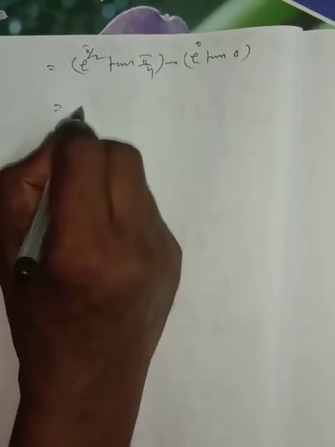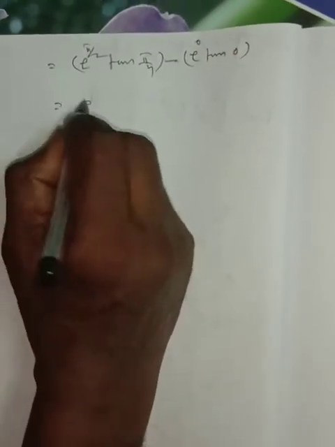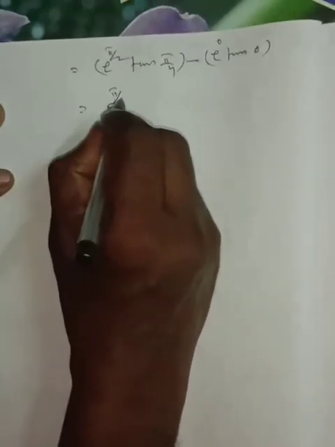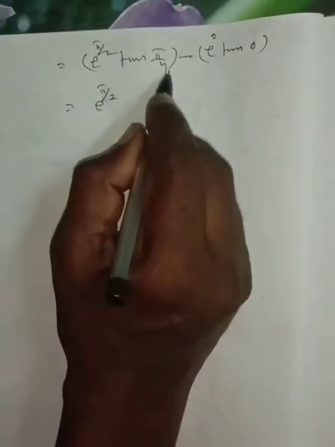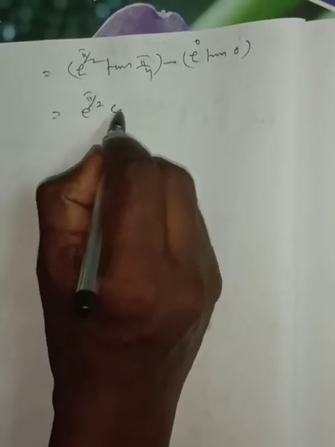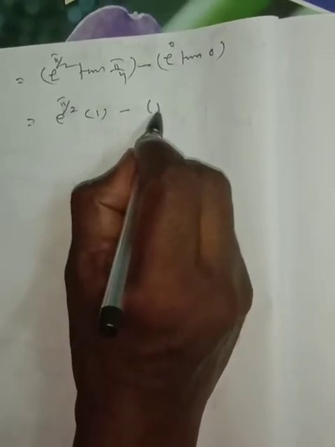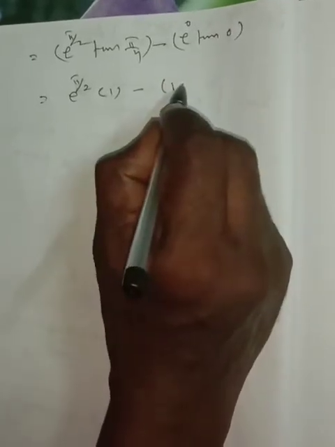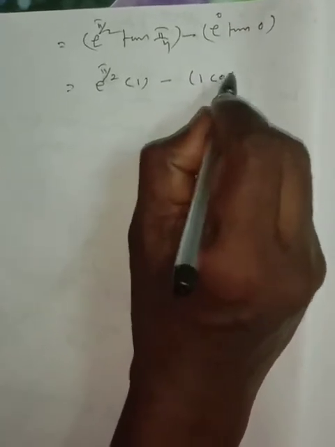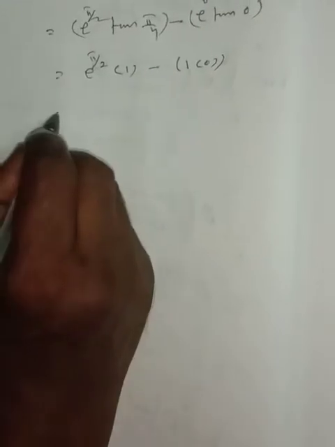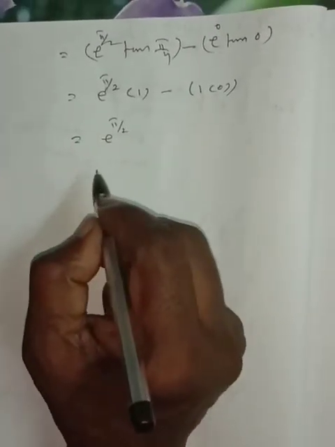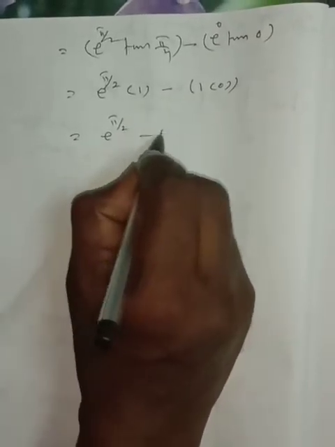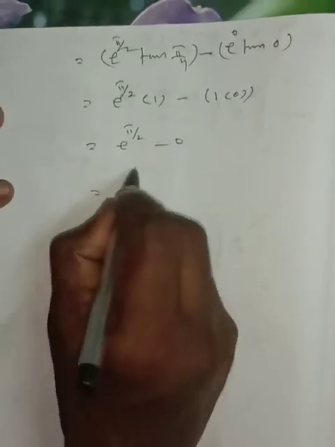This is equal to e to the power of pi by 2; tan pi by 4 is 1, minus e to the power of 0 is 1, tan 0 is 0. So e to the power of pi by 2 into 1, minus 0, is equal to e to the power of pi by 2.